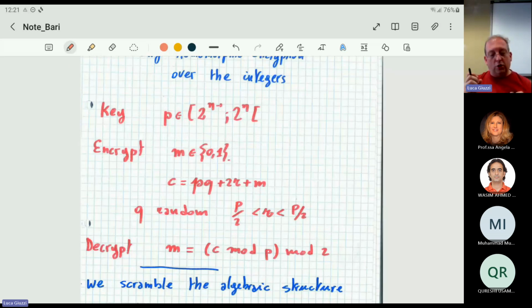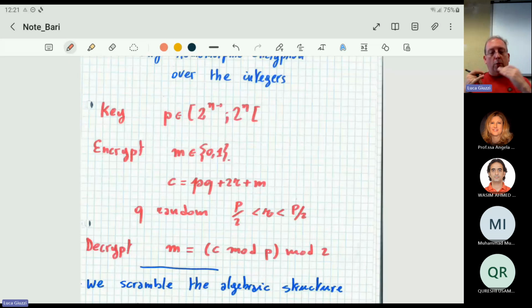This is useful because you could try to use this kind of encryption scheme in order to execute a program or a circuit on encrypted messages without having to decrypt the message itself. So that's the reason why it's studied.